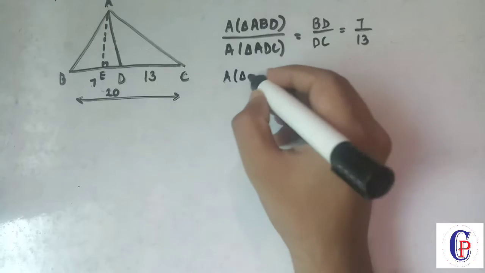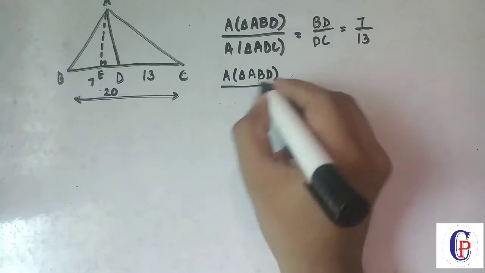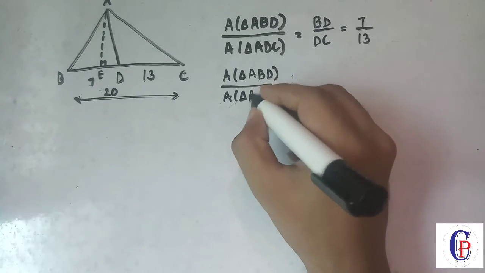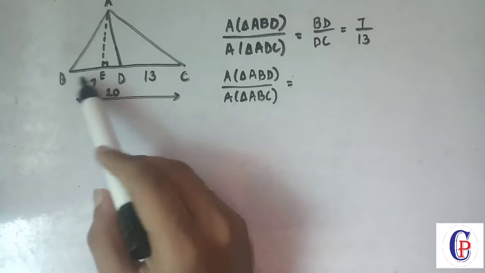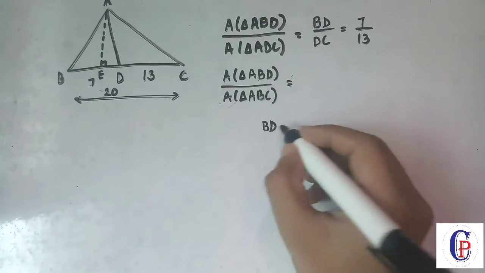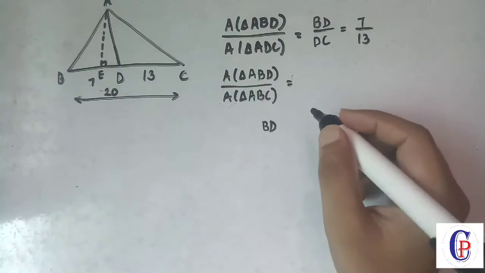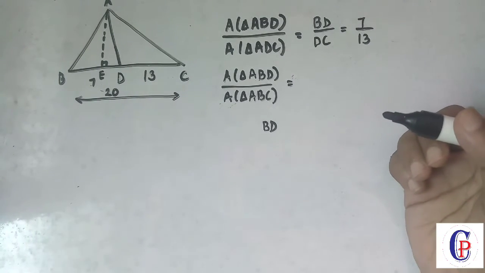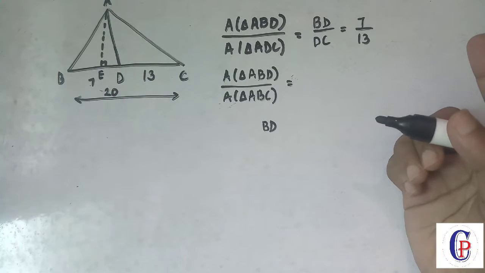There is one more question. It says area of triangle ABD upon area of triangle ABC. Now we know that for triangle ABD, BD is the base. Whatever I am doing here, you can also do in your rough column, so that it becomes easy for you to identify whether the base is the same, or the height is the same, or both are the same.